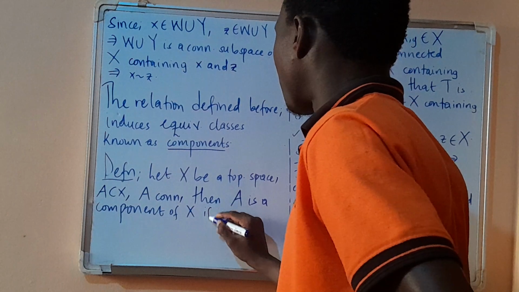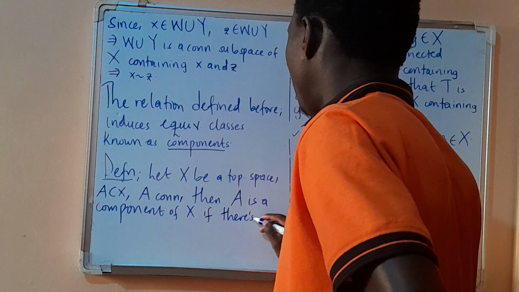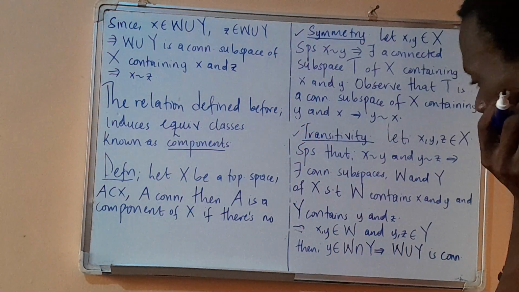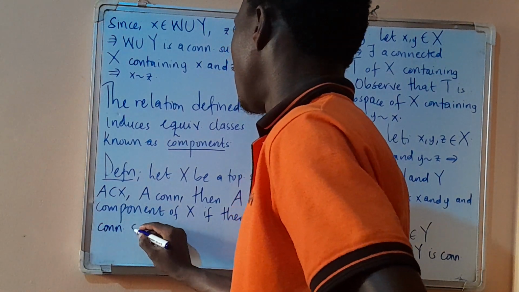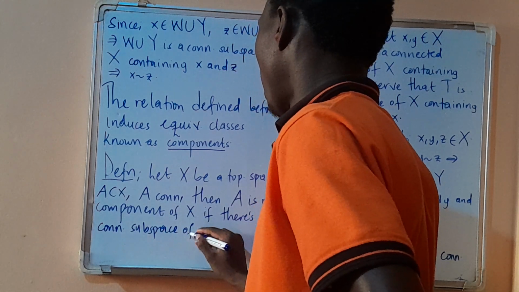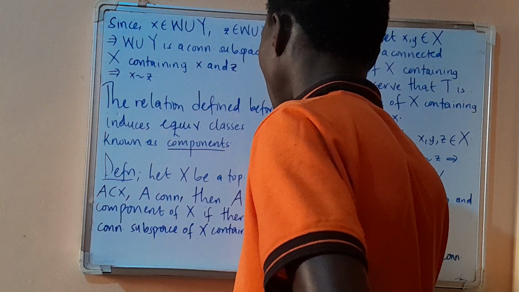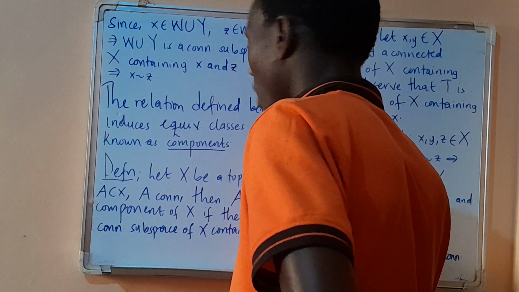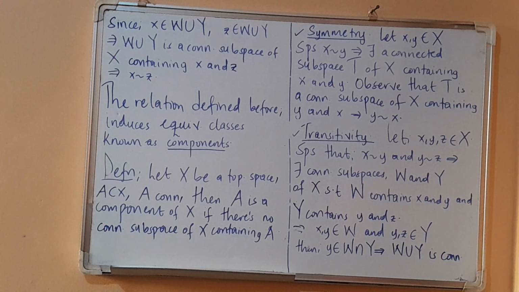So X is a topological space, and we let A be a subset of X such that A is connected.